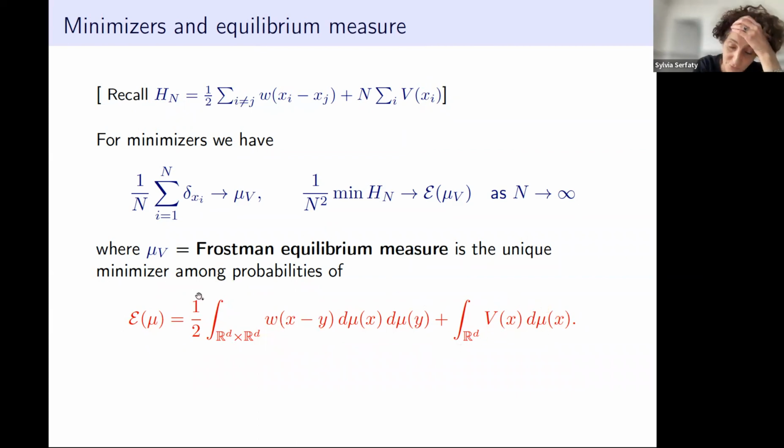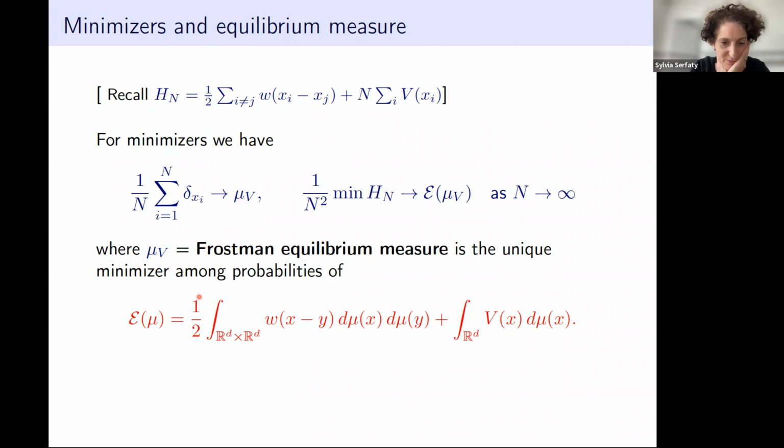And this problem turns out to be, in fact, simpler than the original problem because it's a convex problem, doesn't have an n. And so it has a unique minimizer. I mean, the existence is actually okay as long as V grows sufficiently fast at infinity to keep the mass together, so to have tightness of your probability measures. And so there is, in good cases, a unique minimizer.